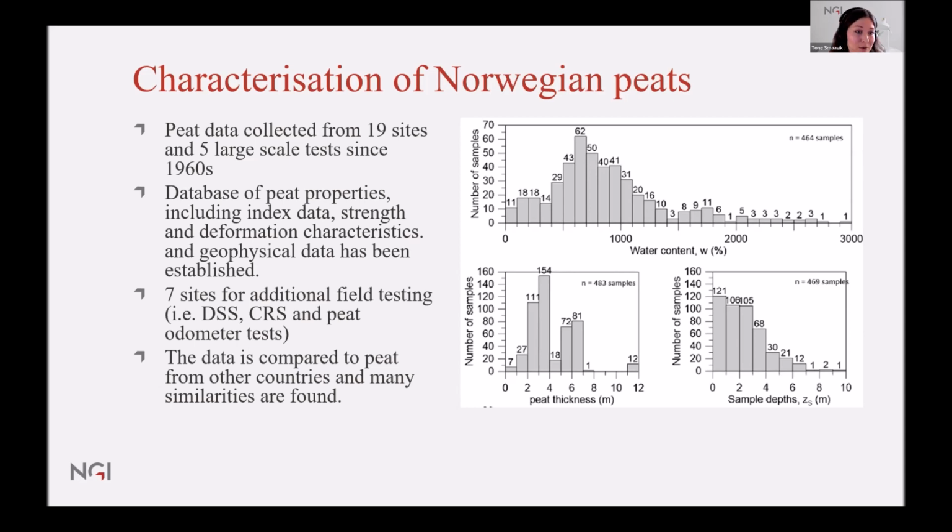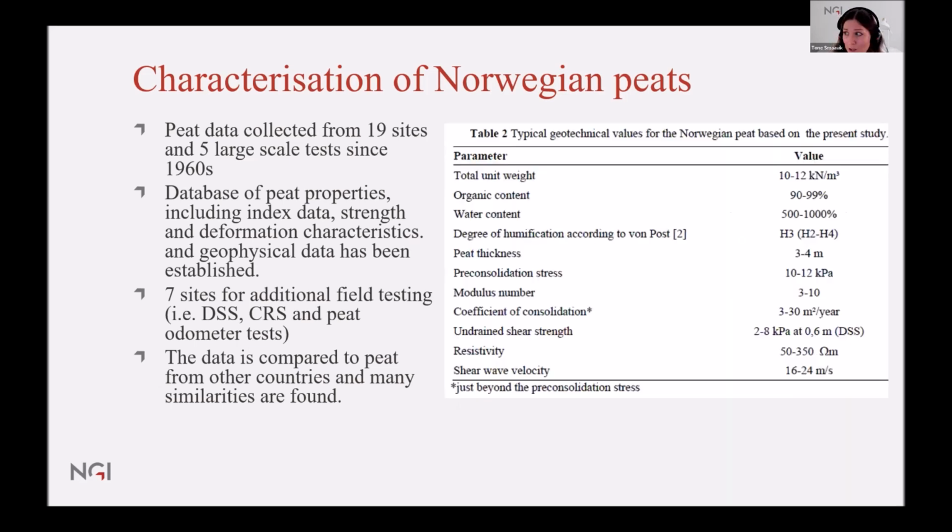They had up to about 500 samples with tests, so that they could put together tables for properties of index data, strength and deformation characteristics. And so our design team could use these values that were presented, use conservative values, and come up with an alternative design to present to the client without too much additional investment. So they could use this database as a very good starting point.